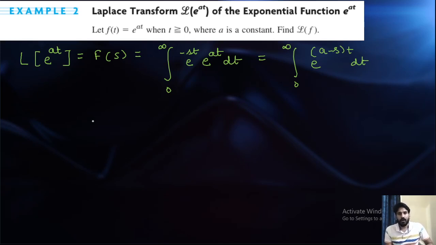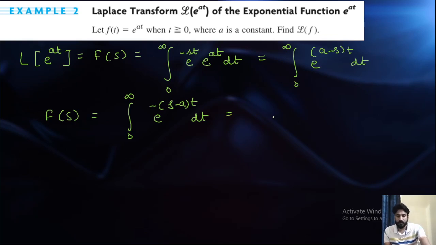Or I can write this function as the integration from 0 to infinity of e raised to power minus s minus a into t into dt. Is it clear to you or not? What is the integration of it, guys? I hope there is no problem in the integration.